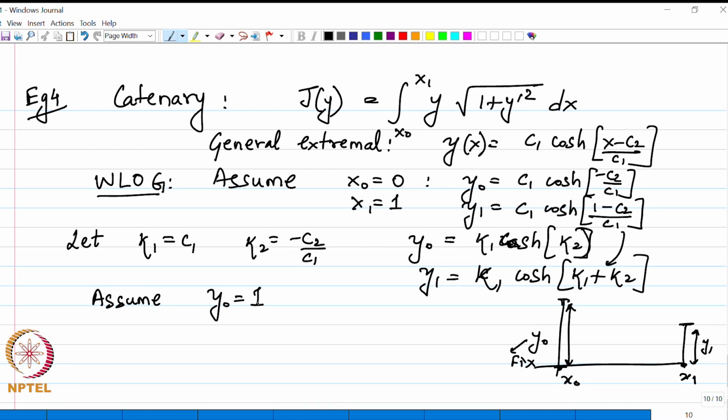So, if we do that, we have that y1 is equal to, notice that y1 is kappa 1 times cos hyperbolic of kappa 1 plus kappa 2, but kappa 1 is y naught by cos hyperbolic of kappa 2. So, this is 1 by cos hyperbolic of kappa 2.